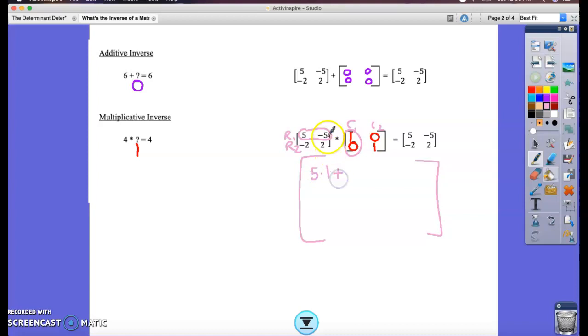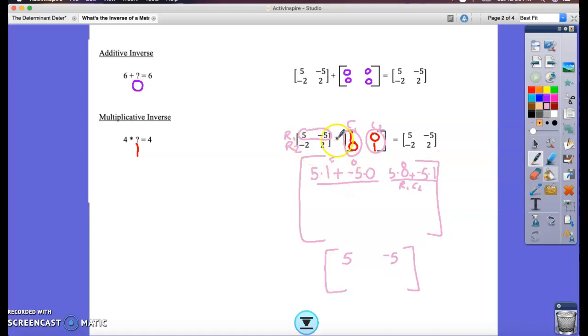Always add the partners when you multiply. -5 would partner with 0. And if I add those together, 5 plus 0 would give me 5 right there. And so on and so forth. Row 1, column 2: 5 would partner with 0, and -5 would partner with 1, because I'm doing column 2 answer here, row 1, column 2, and I would get 0 and -5.